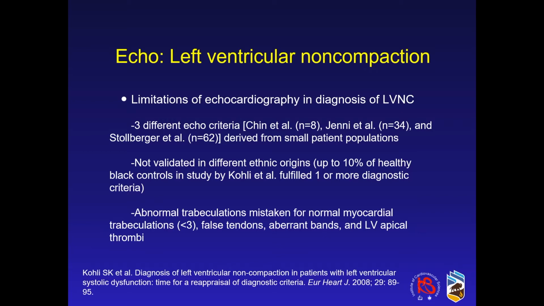The second is that the criteria are not validated in different ethnic groups. Up to 10% of healthy black controls in the study by Kohli et al. fulfilled one or more diagnostic criteria for LV noncompaction. And finally, when one sees abnormal trabeculations, you need to make sure that you don't mistake them for normal myocardial trabeculations, which is less than 3, false tendons, aberrant bands, as well as LV apical thrombi.